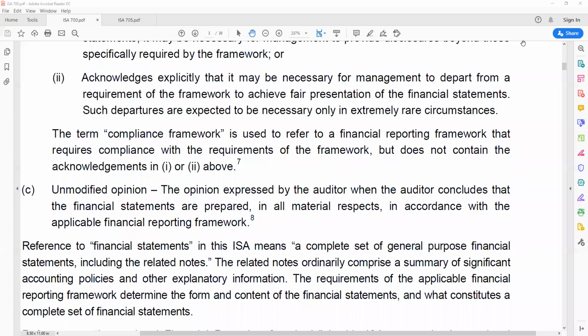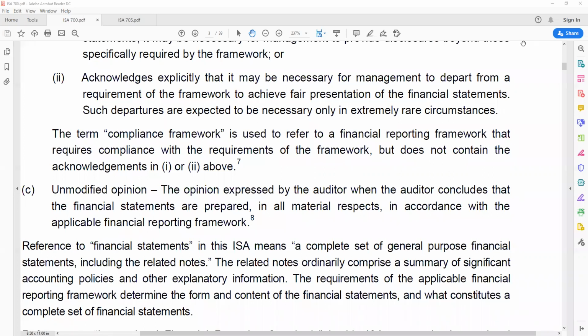The clean auditor's report, as opposed to the so-called modified auditor's reports, is the opinion expressed by the auditor when he concludes that the financial statements are prepared, in all material respects, in accordance with the applicable financial reporting framework. As I just mentioned, there are three modified opinions.